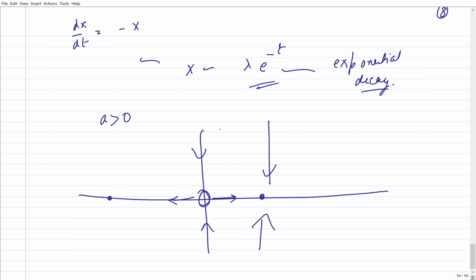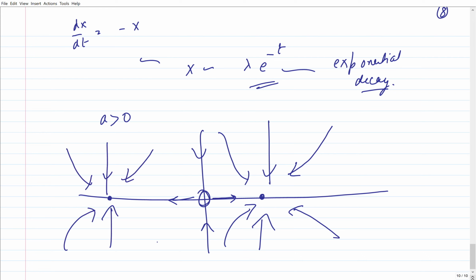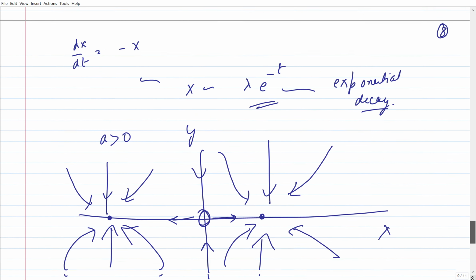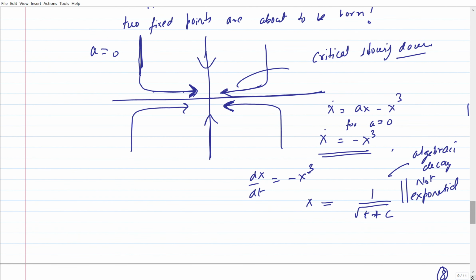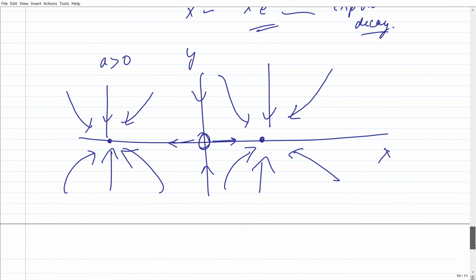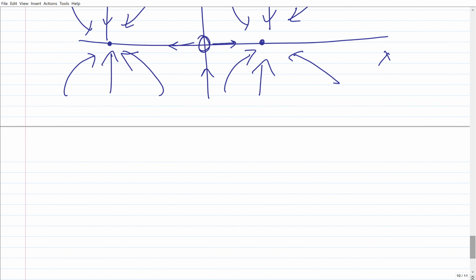Just as I had the pitchfork bifurcation. These are certainly stable ones. So this is the diagram of the phase space vector field in x and y, and so from one stable fixed point to three fixed points, and I have a pitchfork.